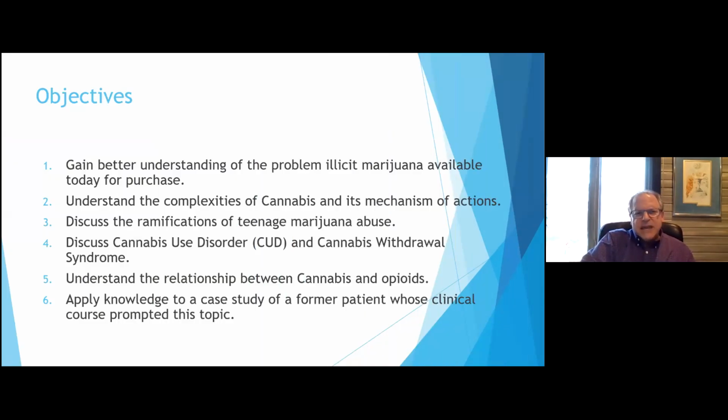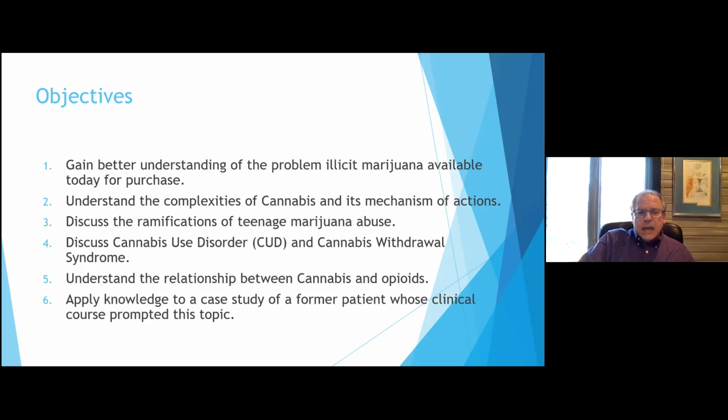What are the objectives today? Well, I want to make sure that everyone has a pretty decent understanding of the many problems of the illicit marijuana that's available today for purchase on the streets, and to understand the complexities of cannabis and its mechanisms of action, and to discuss the unique problem of teen use of marijuana, because teenagers are, at least most of my patients, when they started using drugs, one of the first drugs they used besides alcohol was marijuana, and it was almost always as a teenager.